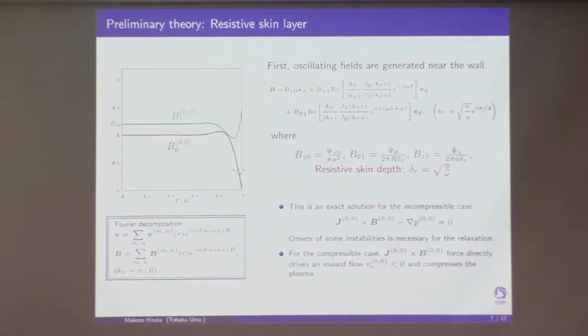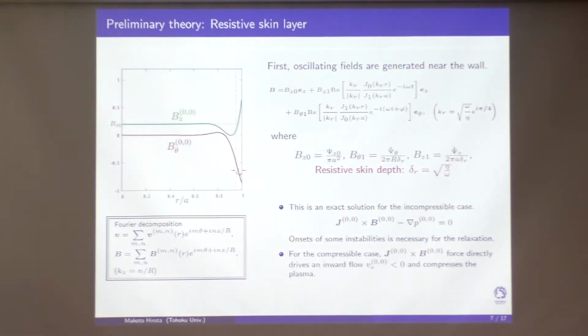So this is the analytic solution. And the width of this layer is called the resistive skin depth, defined like this. This is a classical effect. But because this is the exact solution, in order to trigger the relaxation, this solution must be unstable to some instabilities. So this is the first step.